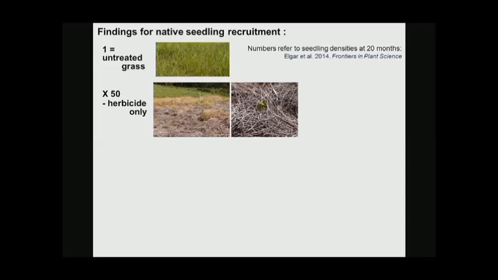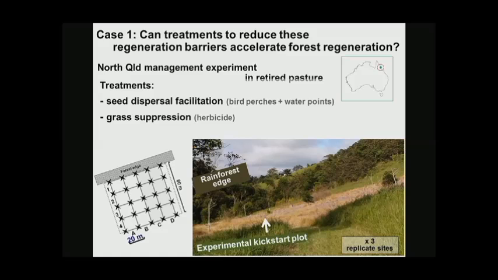And so if I go back to this previous slide, this is a plot in the middle of retired pasture. It hasn't been grazed for 8 years or so. There's not much regeneration in it. And this light pinky area is where the grass has been herbicided to kill it off, to stop it competing with potential rainforest seedlings.